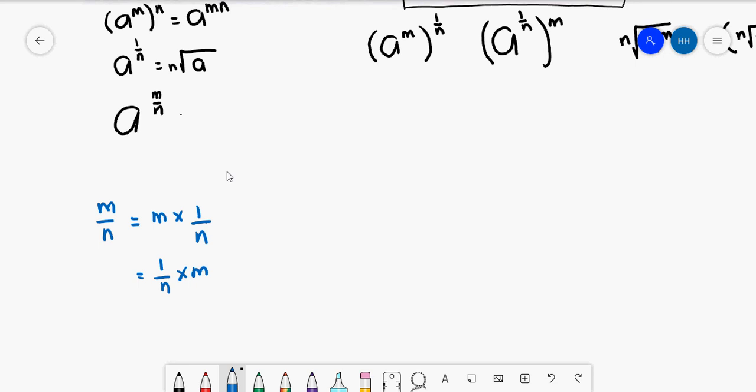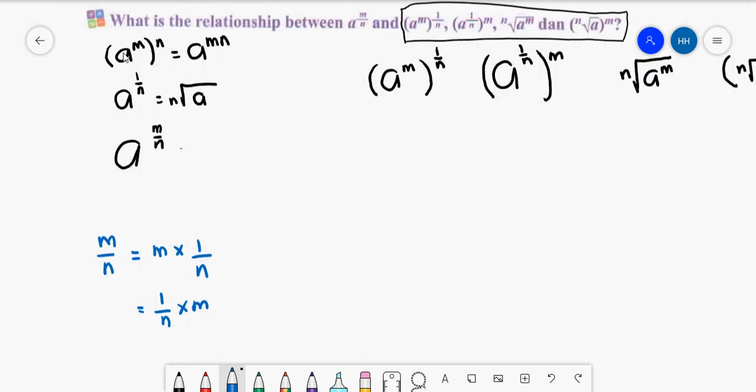The same thing, right? m over n is equal to m times 1 over n. m over n is also equal to 1 over n times m. So, using this, we look at the first law here: a to the power of m, bracket, to the power of n is equal to a to the power of m times n.